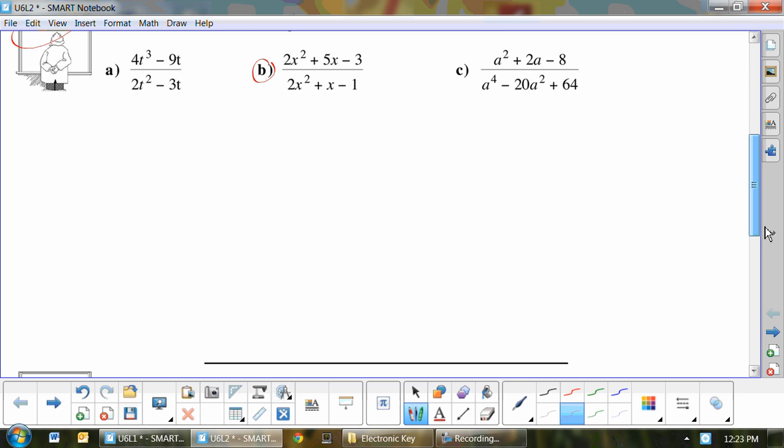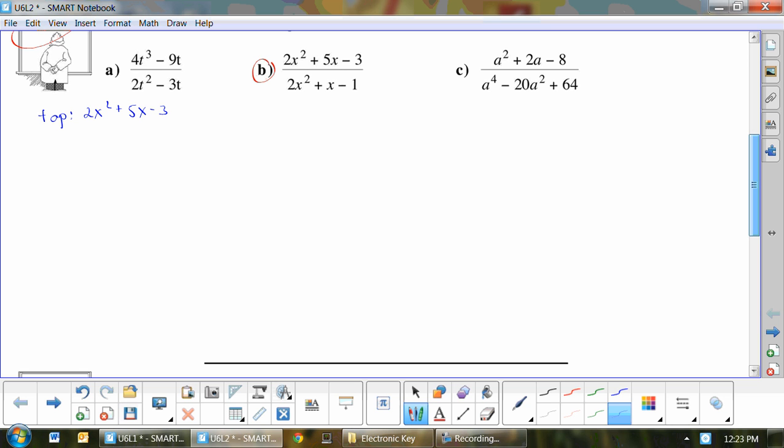Because this question is a little bit more complicated, I'm going to organize it so that I'm factoring the numerator and the denominator apart from each other. So I'll go, okay, top, 2x squared plus 5x minus 3. So let's factor this one.